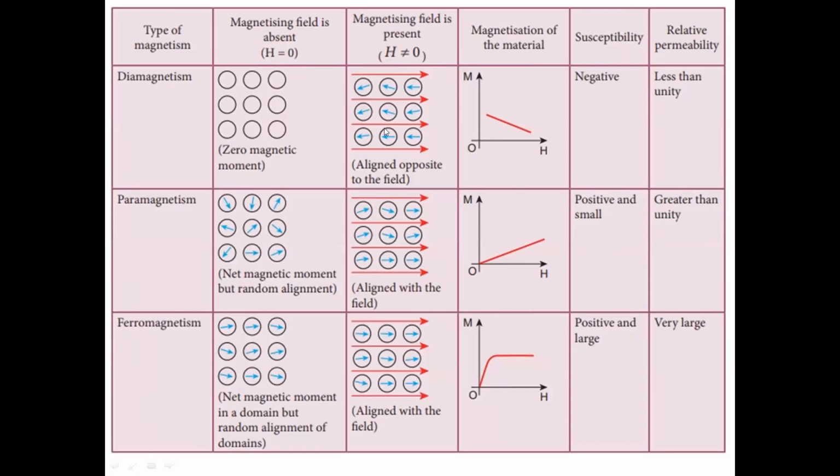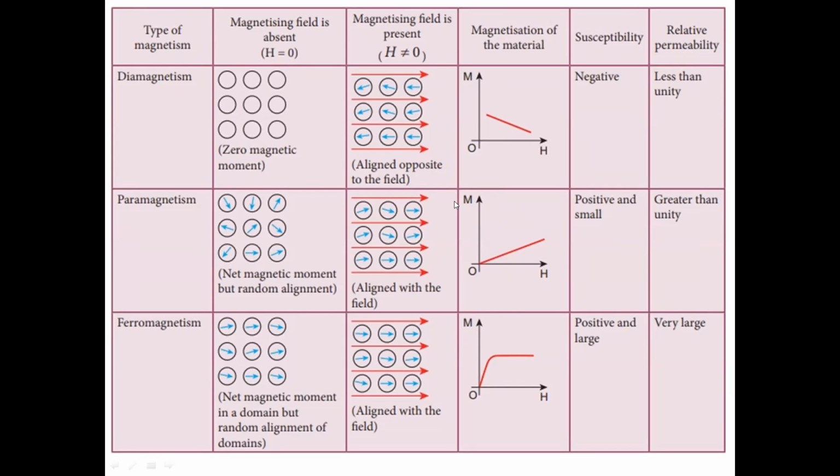Now if there is a magnetic field present, means if you magnetize the material, what happened? In diamagnetic materials, the elements are aligned in the opposite direction, means the orientation of the molecules is reversed to the magnetic field we are applying. Next, in paramagnetism, if you apply the magnetism to the material, what will happen?